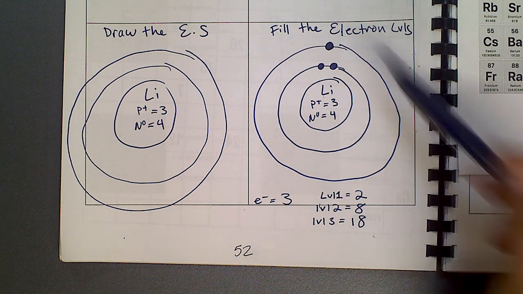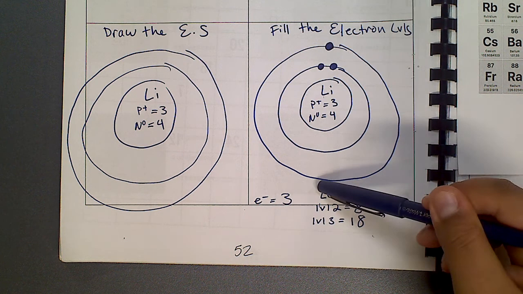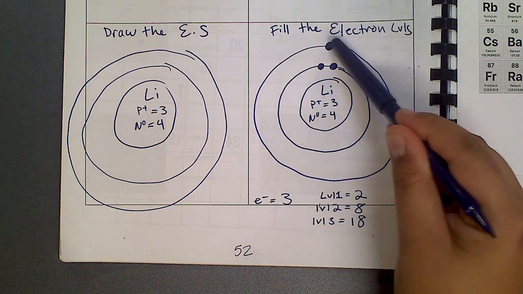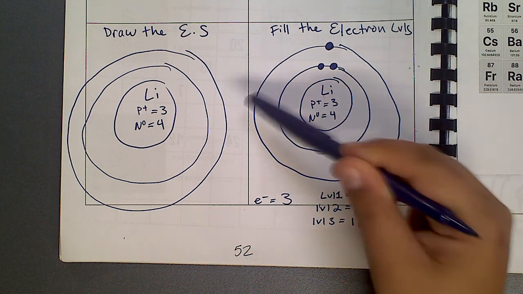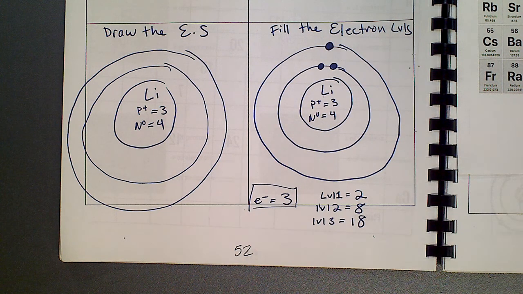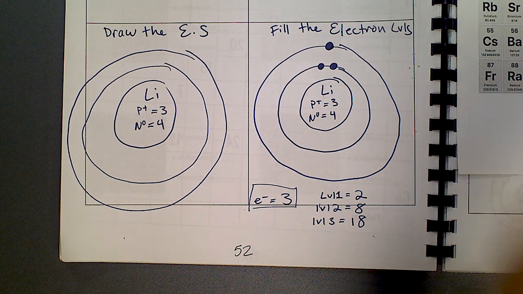So I would go here, then here, then here, then here, kind of like a clock, right? And then I would go again until I get a total of 8. In this case, since we only have 3 electrons, I've already filled up my levels and used all of my electrons. And that's it. That is my final Bohr model of the element lithium.